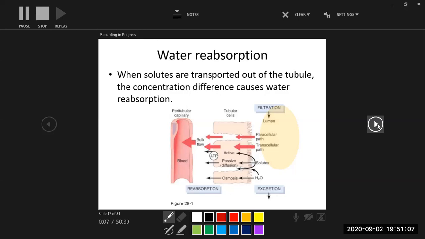The next one is the water reabsorption. Water reabsorption comes with the salt because when we reabsorb salt, basically we will provide that concentration gradient, that osmotic pressure to reabsorb water.